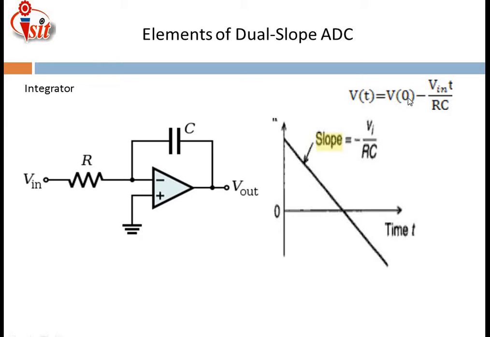For that purpose, there is a correlation between output voltage and time. The output voltage is calculated by the formula Vt is equal to V0 minus Vin T divided by RC. This is the expected output related to the integrator.